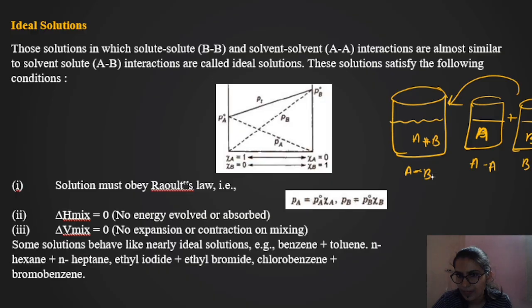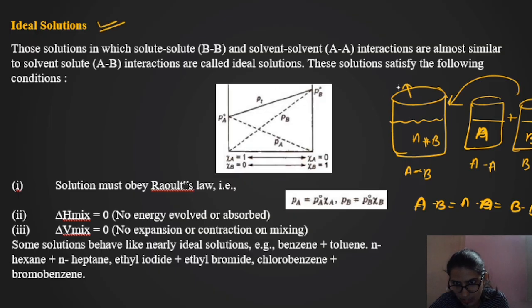So the interaction means the force of attraction between them. If even after mixing, the AB interaction is equal to AA and equal to BB, then such a liquid mixture is called an ideal solution.